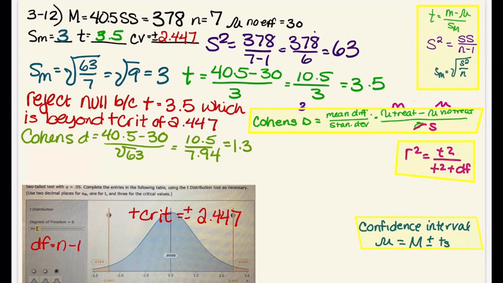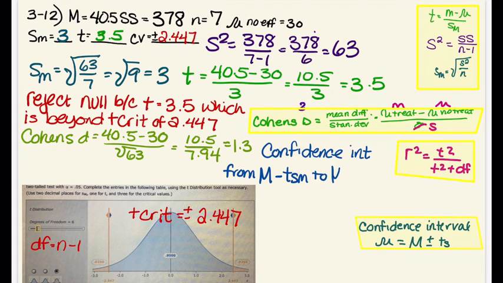Next, we are asked to calculate the confidence interval, which is another way to describe the size of a treatment effect. In this example, we are asked to calculate a 95% confidence interval, which is the interval of values that is likely to contain the unknown population mean.